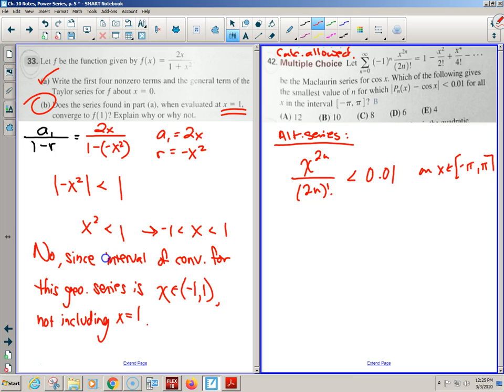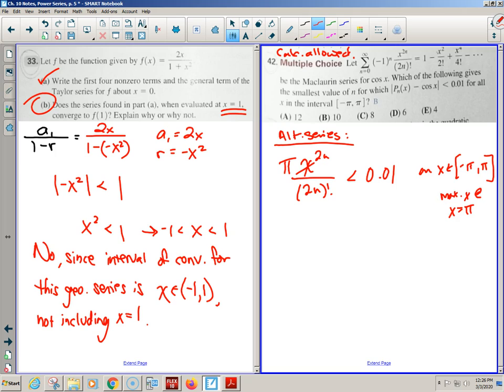I thought next, to be safer rather than sorry, I need to choose the largest possible value of x to make sure I have a proper error bound. I need to make sure the error holds for the entire interval. So this x is going to be maximized at pi. I plugged in pi, because that's the highest, and I need to account for all of those x's.